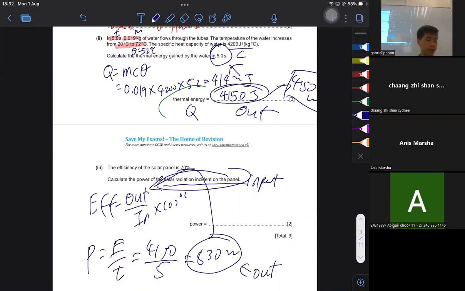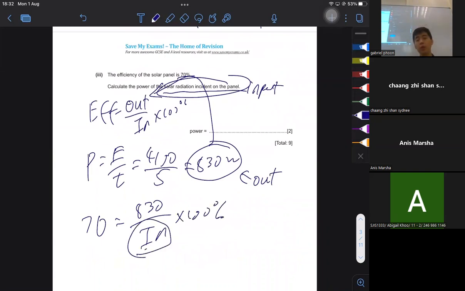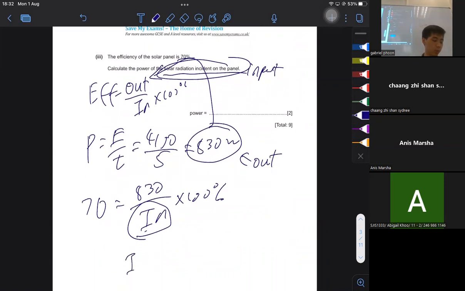Then you find that 70 equals 830 divided by your input multiplied by 100%, which at the end of the day you're finding the input. Now your input, if you do your mathematics correctly, will be somewhere around 1200 watts, correct to 2 significant figures.